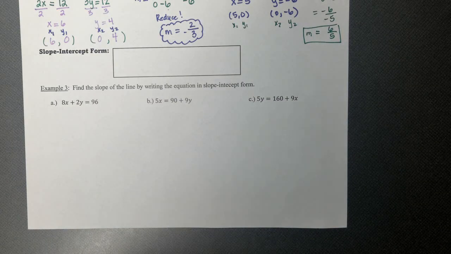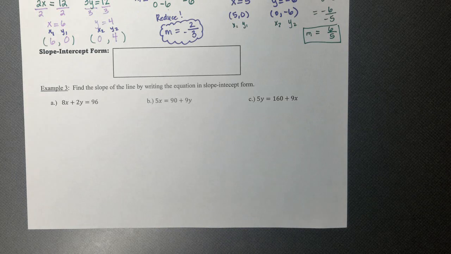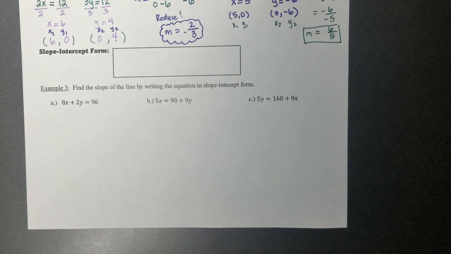For slope-intercept form, you want to put the equation in the form y equals mx plus b. So that's what we're going to write in slope-intercept form.